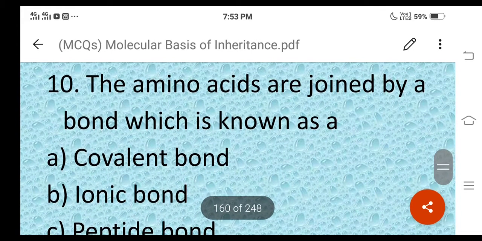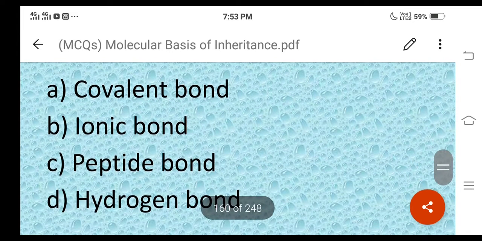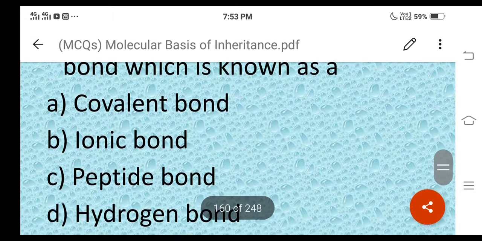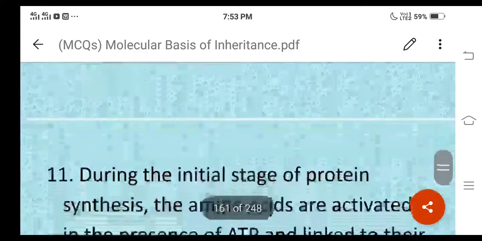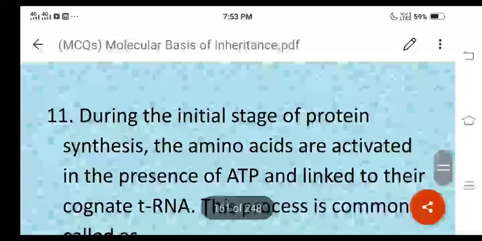The bond formed between the amino acids is called the peptide bond. Option C is the correct answer. Already you have studied this part in the biomolecules chapter, and even in this molecular basis of inheritance, right? Then let us move on to the next question.